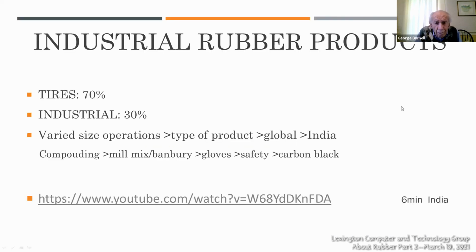Next slide. In the rubber business, tires, which we covered in our last session, represent 70% of the volume of rubber that's used. The industrial rubber portion is 30%. And that varies significantly, all kinds of products.